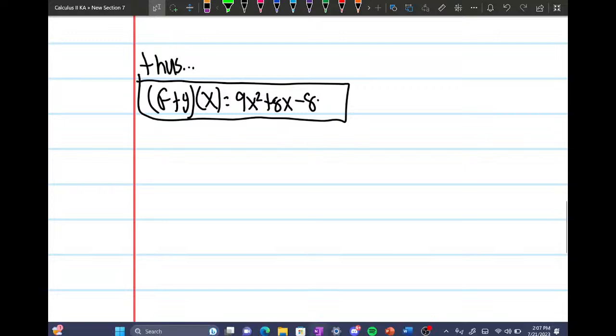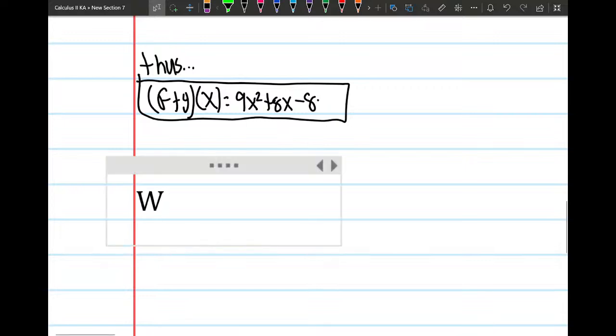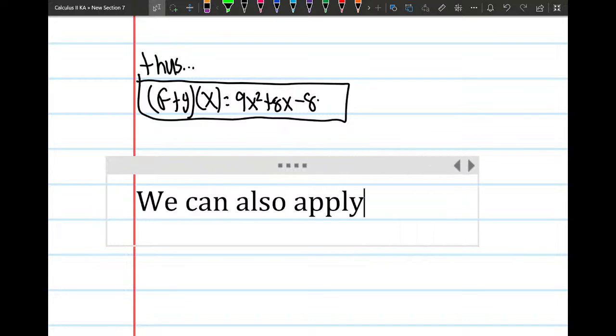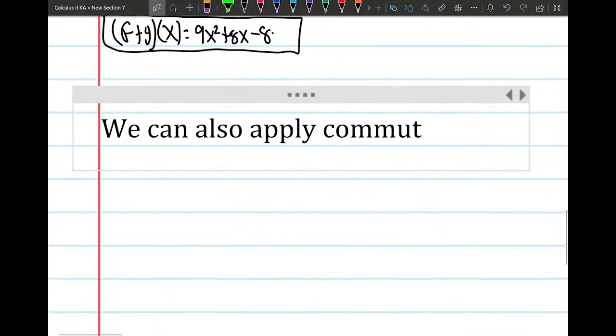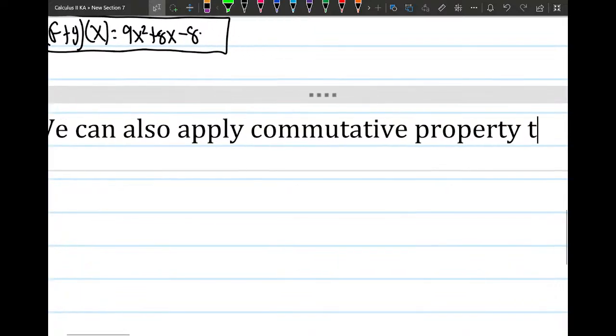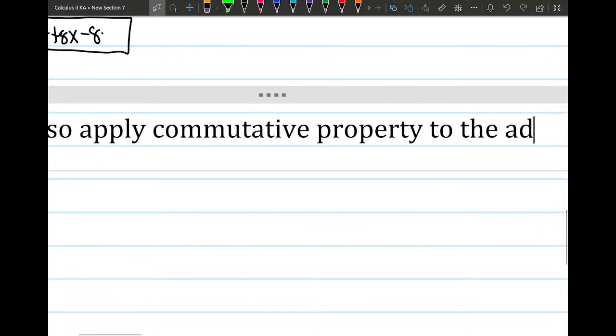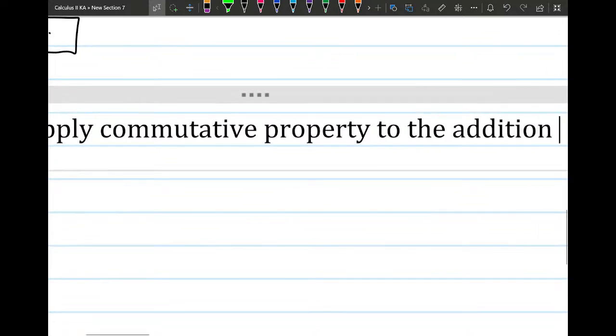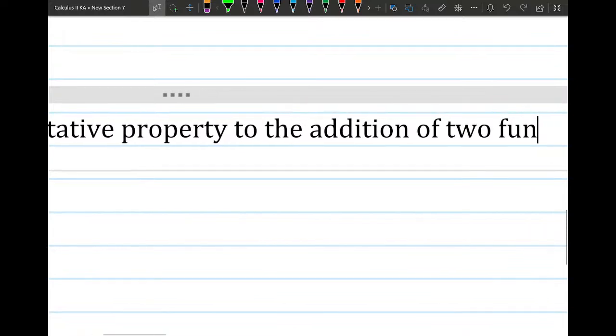Basically what I wanted to put is that we can also apply the commutative property to the addition of two functions.